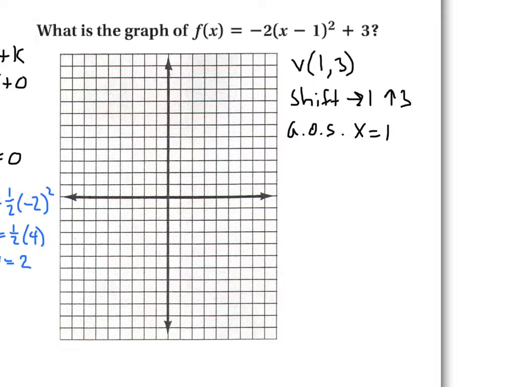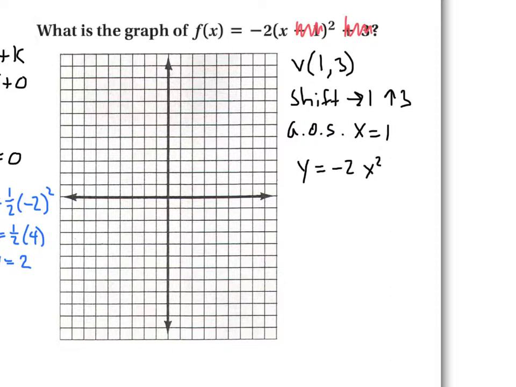What we want to do now is plot points, but just like we did with the square root functions, we want to ignore the shift. So I'm plotting points for y equals negative 2 times x squared, because I'm ignoring the shift.